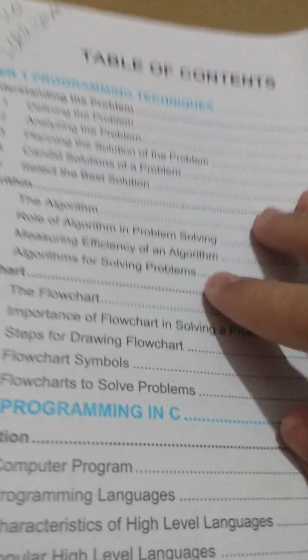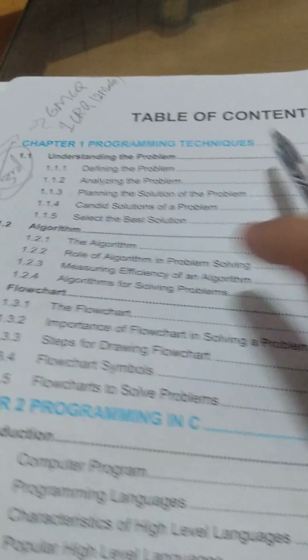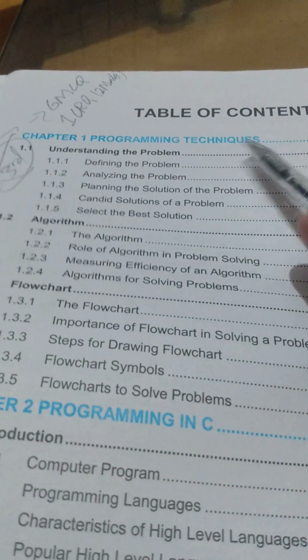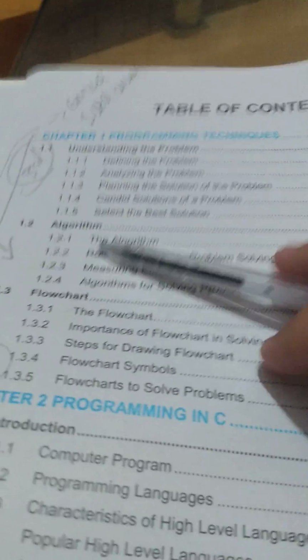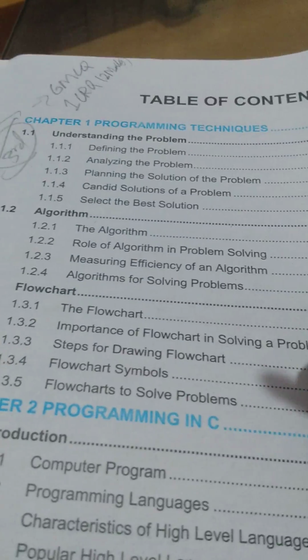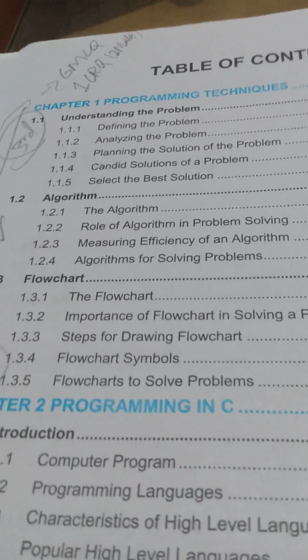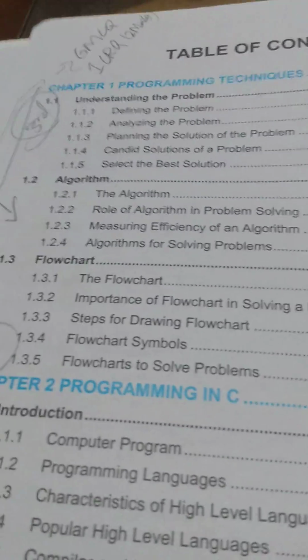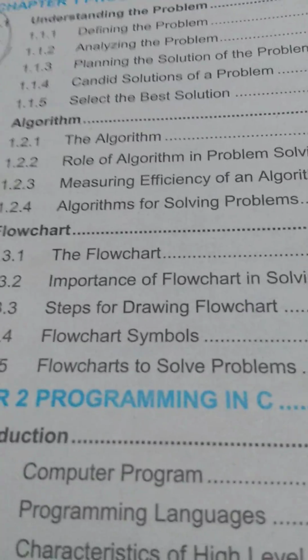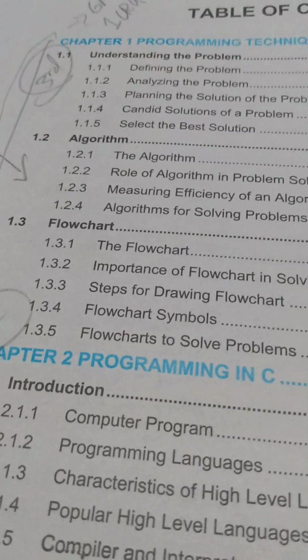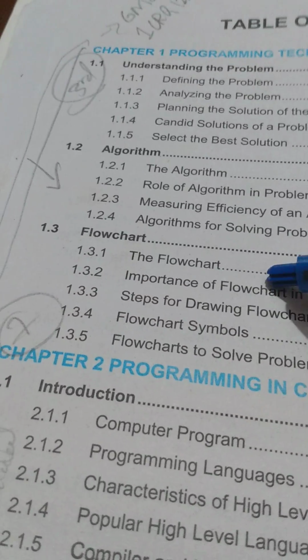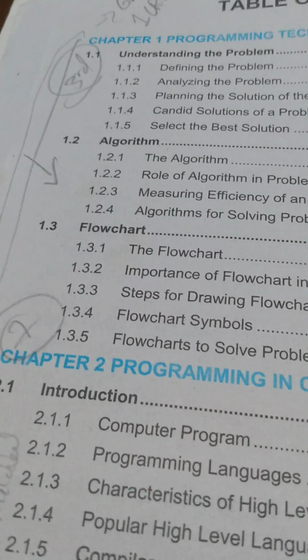exam specification. From the first chapter, that is programming techniques, understanding the problem, algorithm, flowchart. Basically, it is an overview of computer programming. If you are doing computer programming, making websites, etc., you should know all these things: flowcharts, algorithms, understanding the problem.